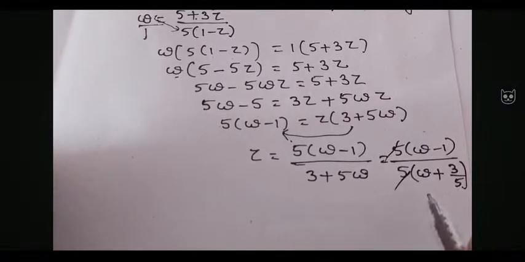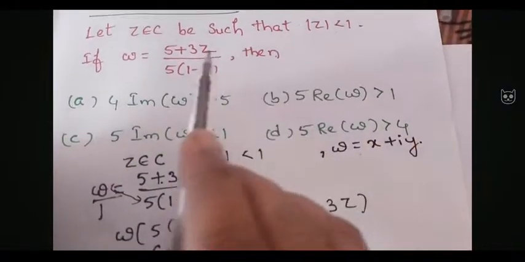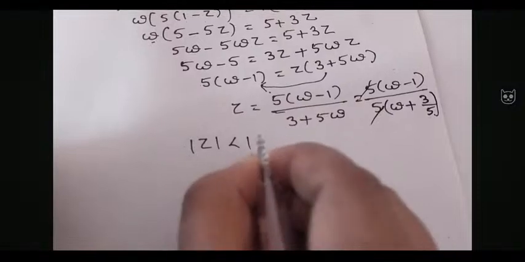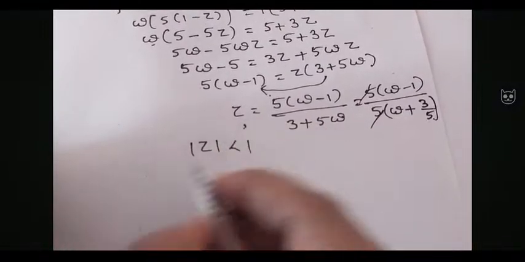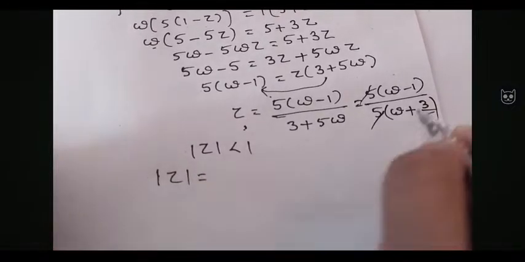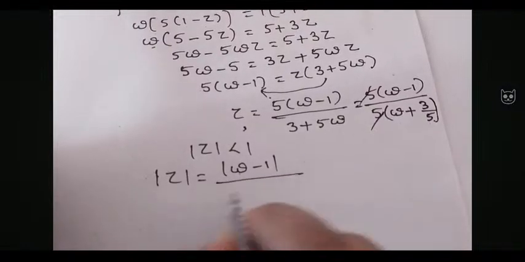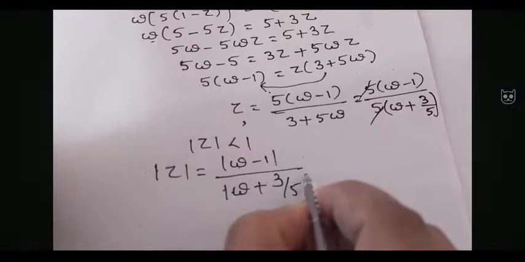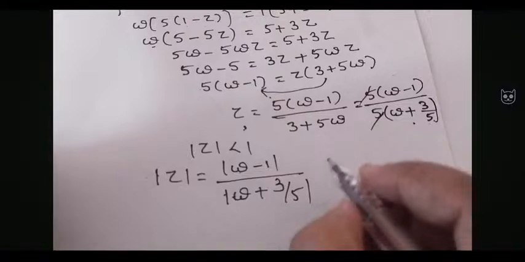But the given z value in the question is modulus z less than 1. It is a condition. So modulus z less than 1. Apply mod on both sides for this value. So mod z is equals to, for numerator, mod omega minus 1 by denominator mod omega plus 3 by 5. So I applied modulus for this value.